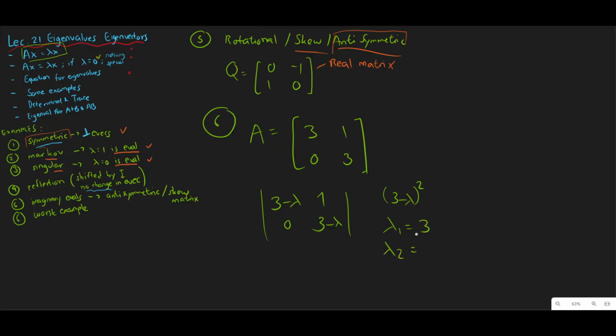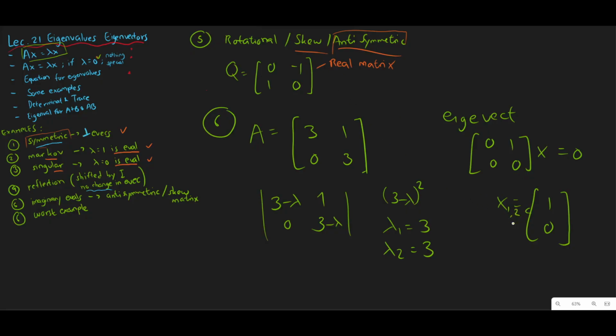So eigenvalue 1 is 3, eigenvalue 2 is also 3. So when you want to find the eigenvector, you will have to look for the null space of this matrix, which is any constant here and 0 here. And the second eigenvector is also this one. So this is eigenvector 1, eigenvector 2.